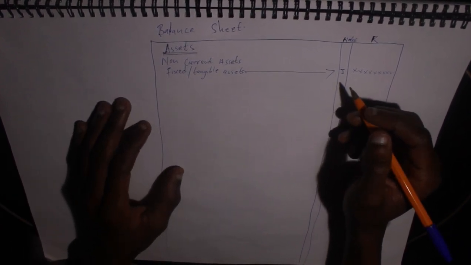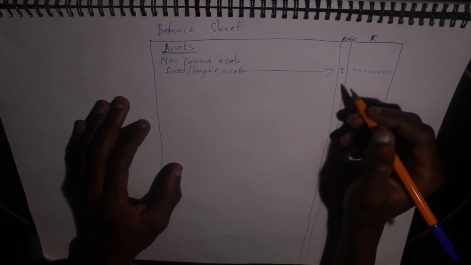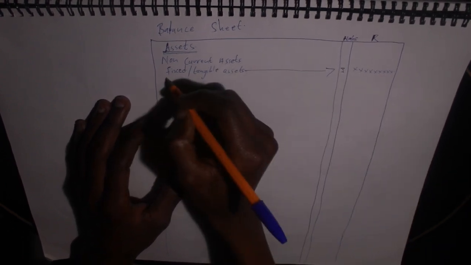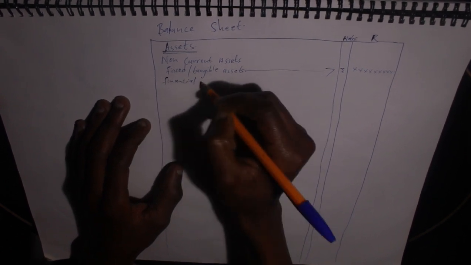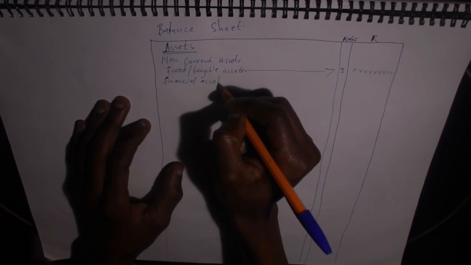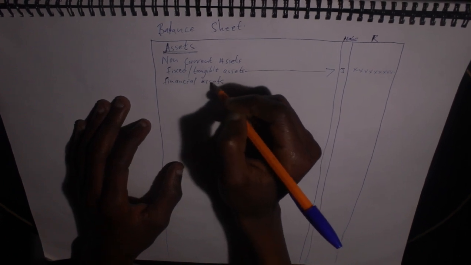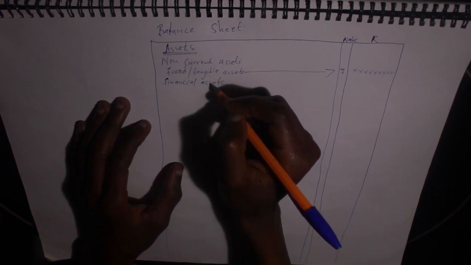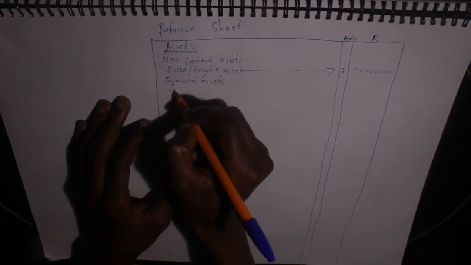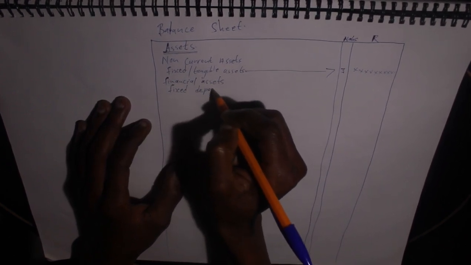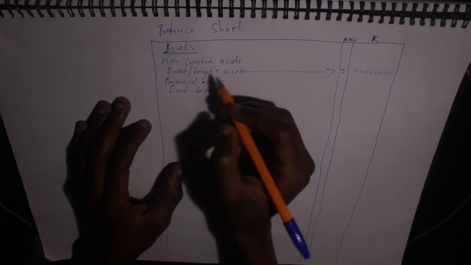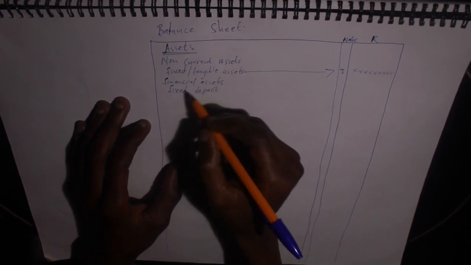And then another thing that falls under non-current assets is what we call financial assets. Now financial assets, we're focusing on your fixed deposit. At this moment, you might be having an idea what is a fixed deposit.